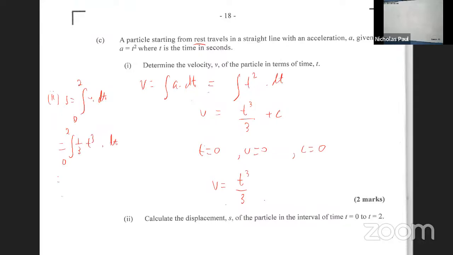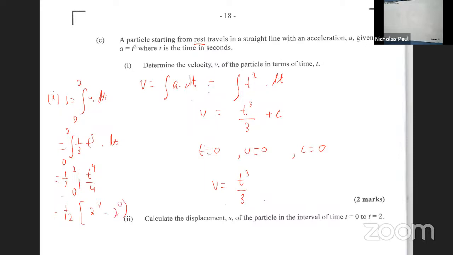You can put the 1/3 outside, so you don't have to worry about it. You'll get t to the 4 on 4. A quarter by a third is 1/12. Then you plug in 2 to the 4 minus 2 to the 0.